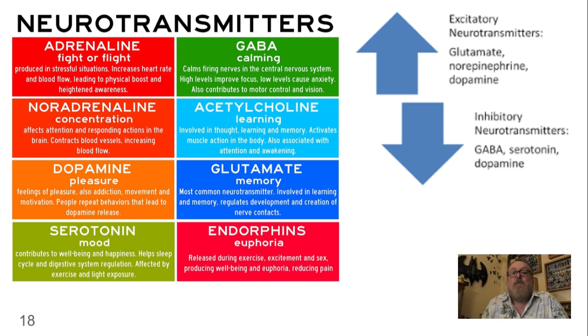Slide 18. There are at least 100 different types of neurotransmitters. They can be grouped into a few types based on their chemical nature. Some of the most common neurotransmitters include acetylcholine, dopamine, serotonin, glutamate, norepinephrine, endorphins, and GABA, gamma-aminobutyric acid.